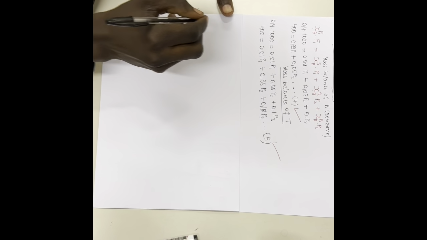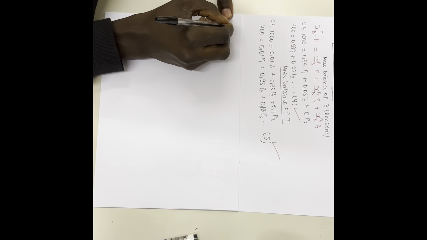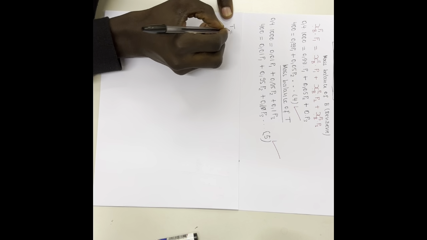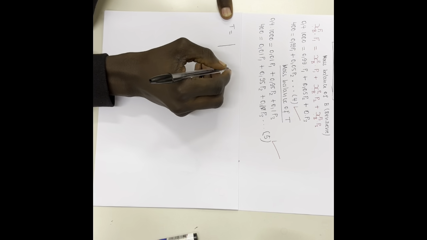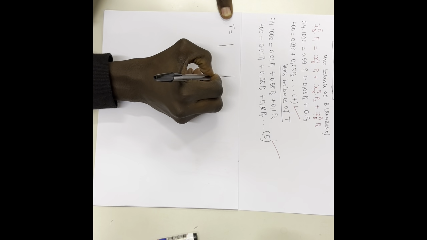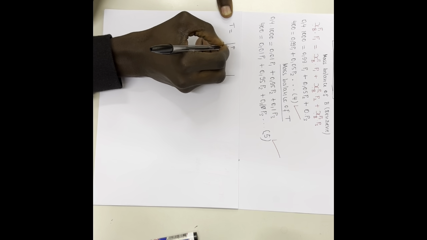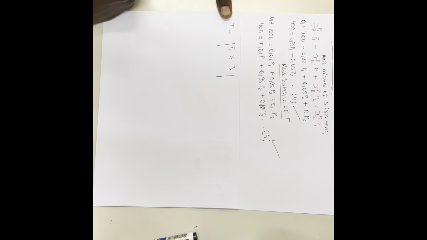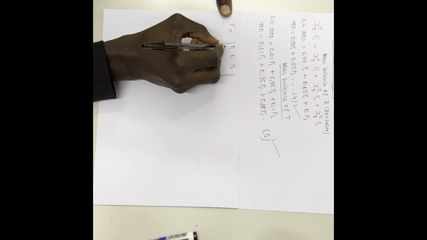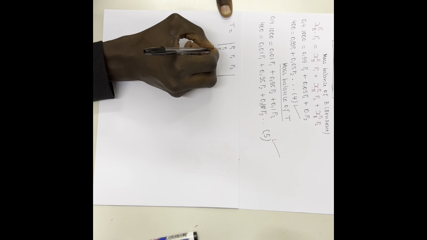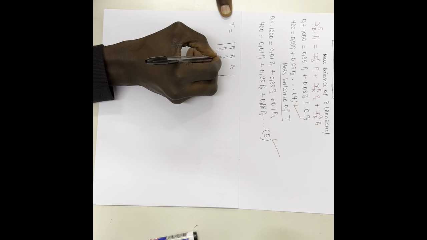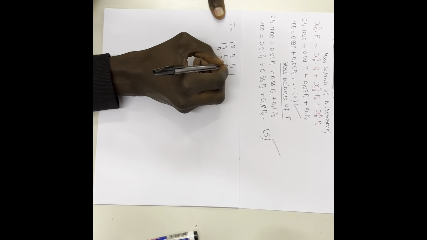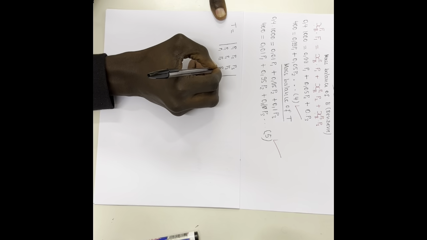You call the matrix T. I'm Treasure, you can call it your name. The formula is where you put P1, P2, and P3, because they are the unknowns you are looking for. The first line is about P1, then P2, and then P3.